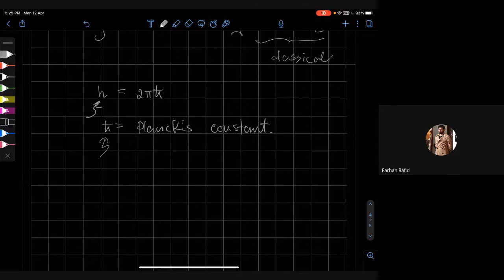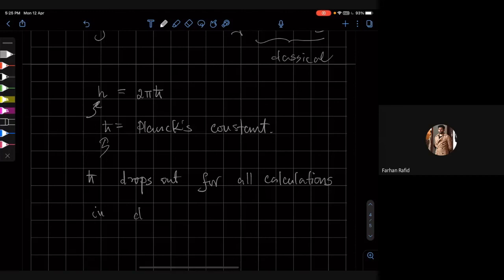So for all calculations in classical thermodynamics, Planck's constant is going to drop out. Okay. All right. Any questions?